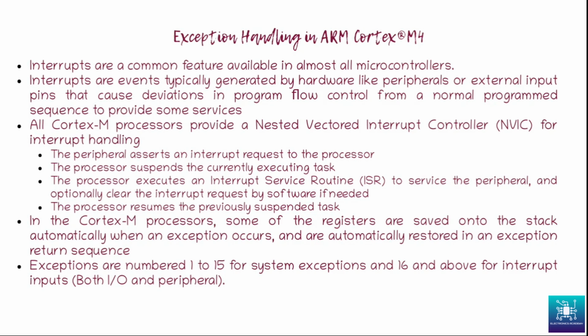That is, if the program counter was moving from instruction to instruction and executing a particular series of instructions, it is going to stop there. It is not going to proceed any further. What it will do instead is execute the interrupt service routine to service the peripheral.